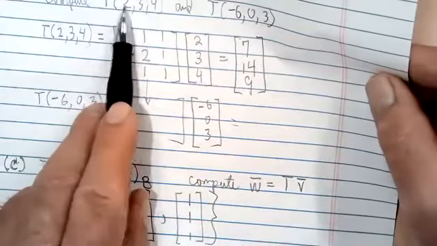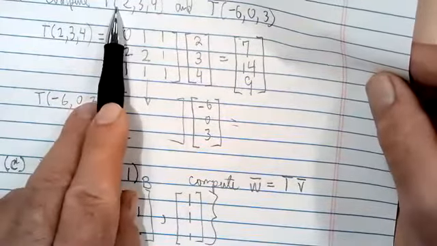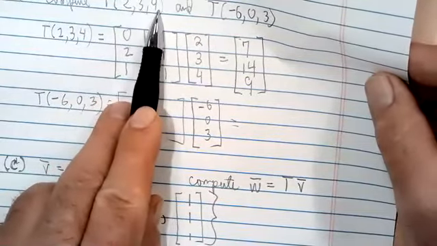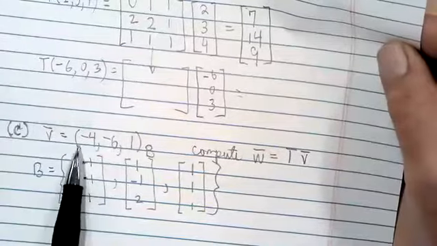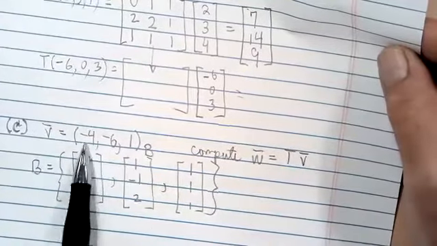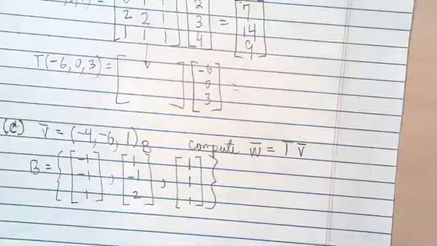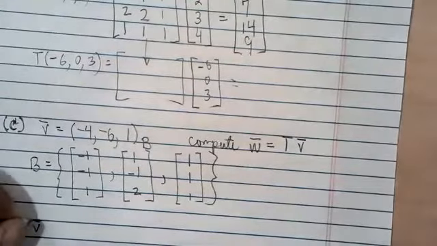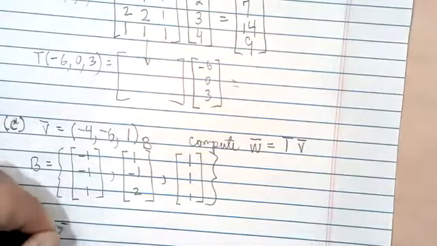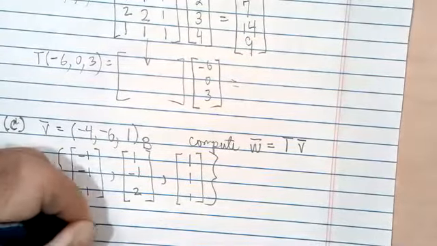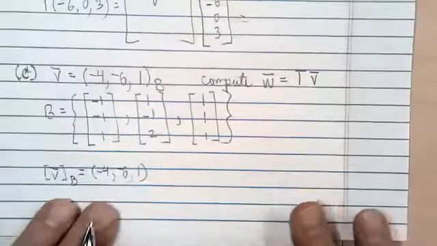You know, when 2, 3, 4 means 2 times i plus 3 times j plus 4 times k, the usual thing. But this one is in coordinates relative to the B basis. So V relative to basis B is -4, -6, 1. But you could think about what that means.